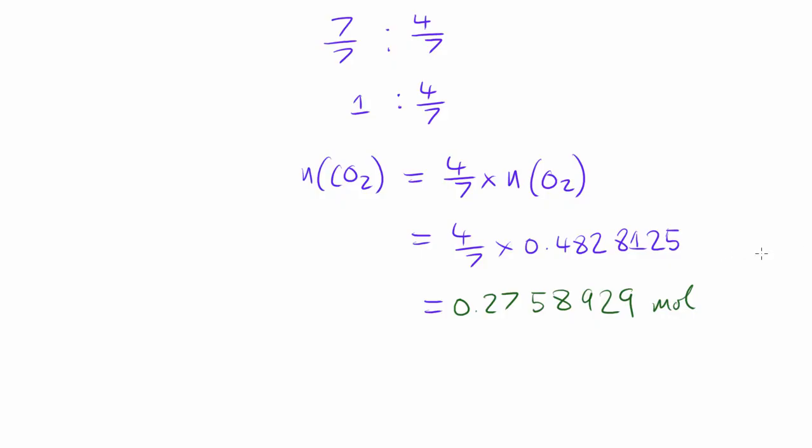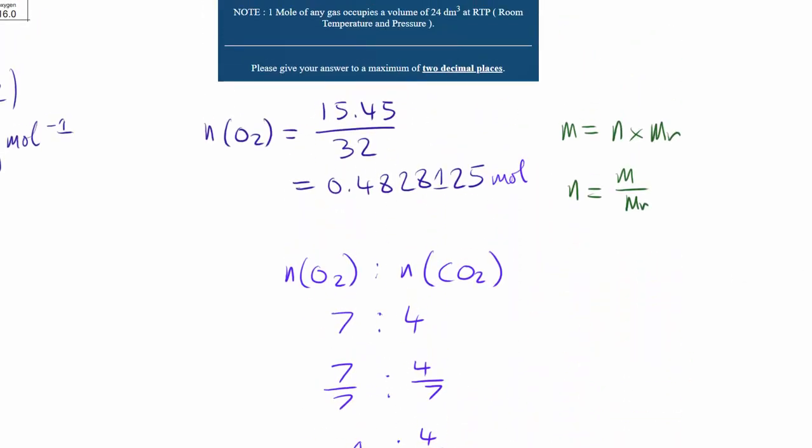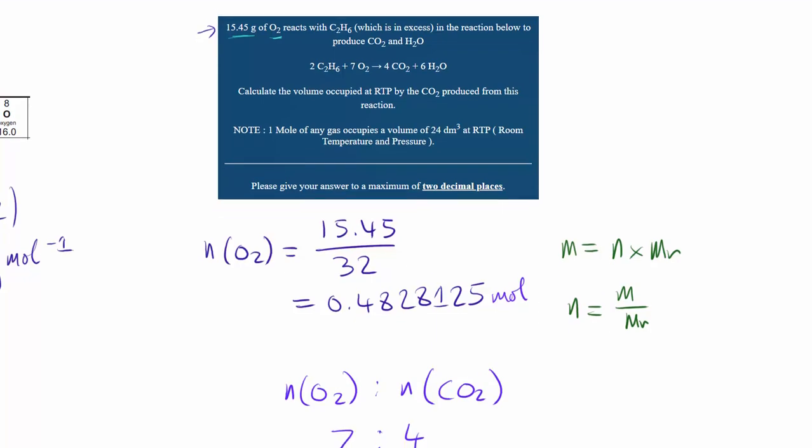And if we refer back to what we were told in the question, the condition is room temperature and pressure, which tells us, based on the note and general knowledge within chemistry, that any given 1 mole will occupy 24 decimeters cubed.